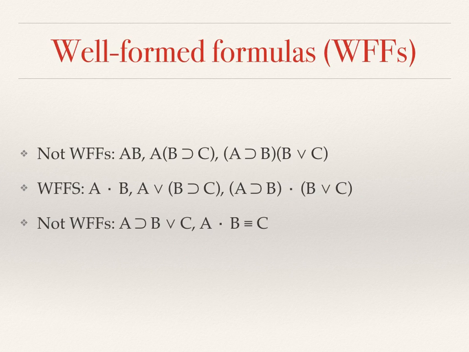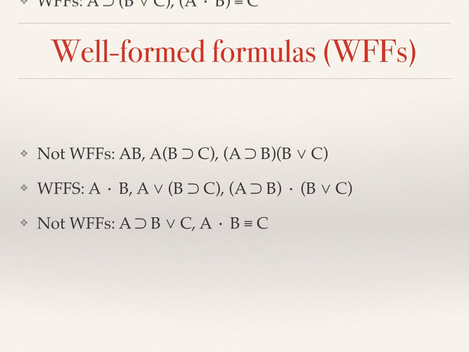And so we don't know how to go about determining the truth value, because the truth value would differ if we had the parentheses around the A implies B, and then it would be disjunction C, compared to if A implies and the parentheses were around B or C. And the same is true with the next example of A and B triple bar C. The truth value of these compound statements would differ depending on which order we go about determining the truth value. So as a result, these are not well-formed formulas.